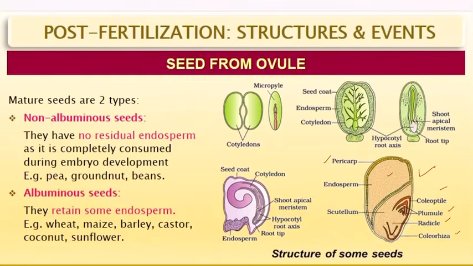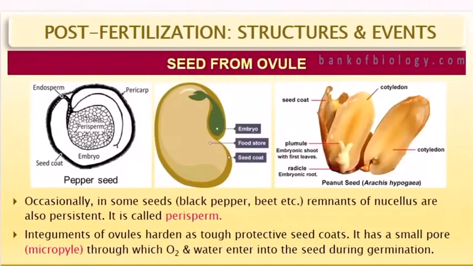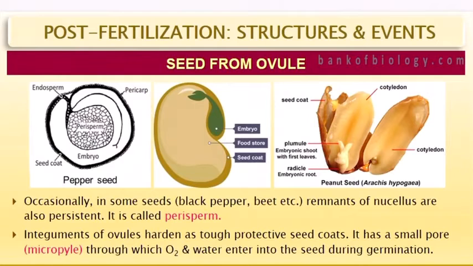Normally this diagram is asked for 2 marks or 3 marks. You need to practice this albuminous seed. Similarly, the vertical section of the dicot seed, that is the seed coat, endosperm, cotyledons. Sometimes this is also asked as a 1 mark question. So you need to practice these diagrams.